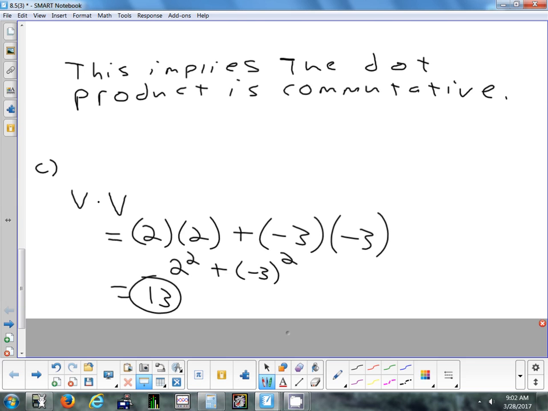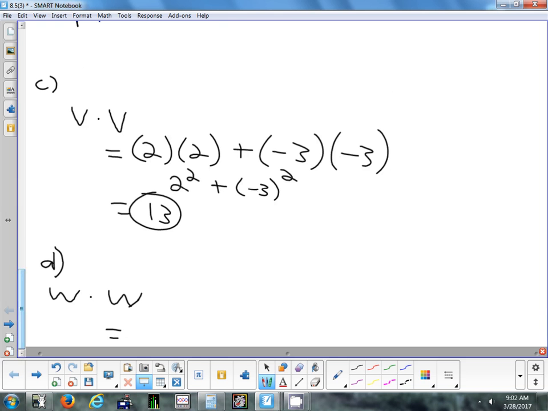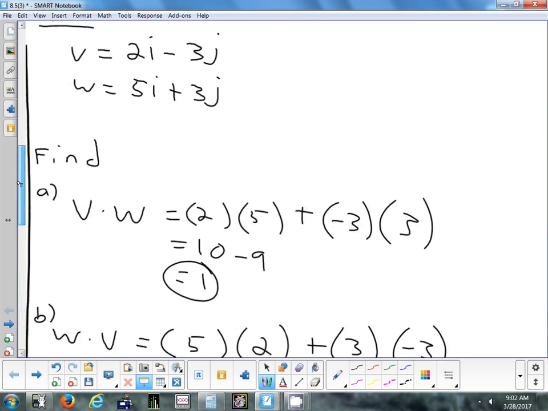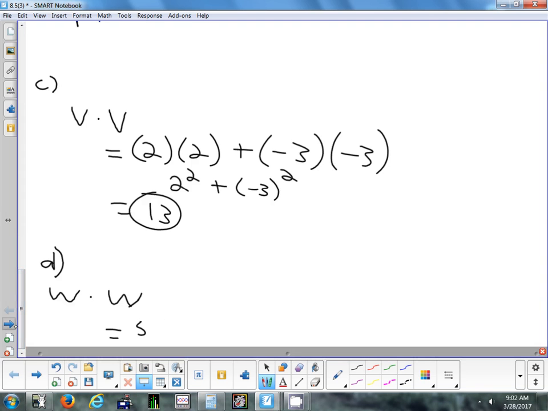Does anybody notice what that is almost, but not quite? It's almost the magnitude, except you didn't square root it. So technically, that is the magnitude squared. All right. How about W dot W? So it's 5 squared plus 3 squared, which is 34.